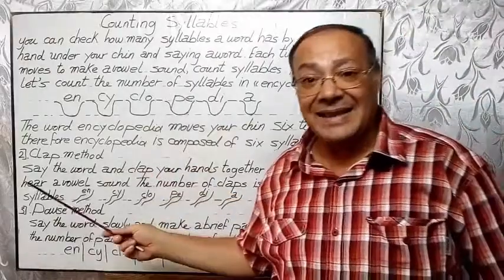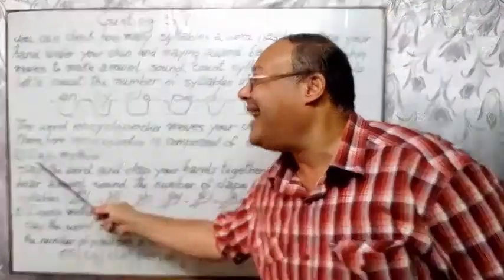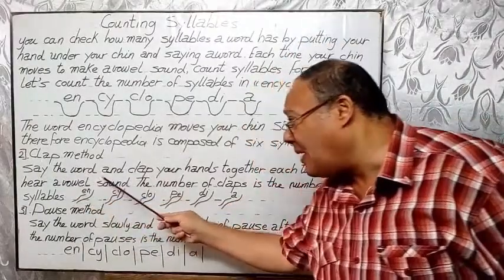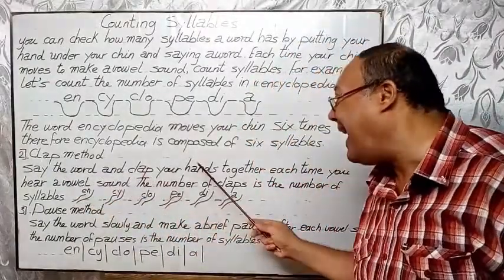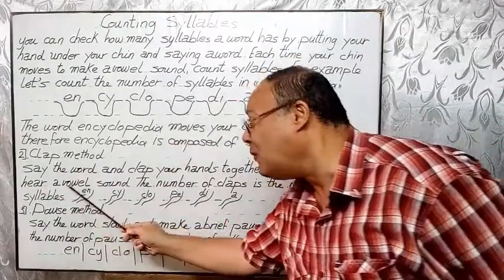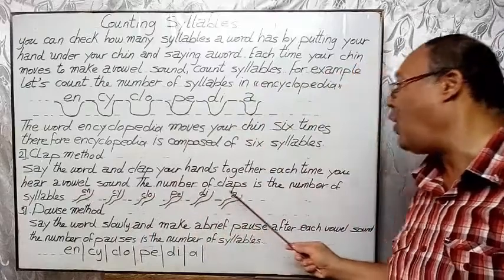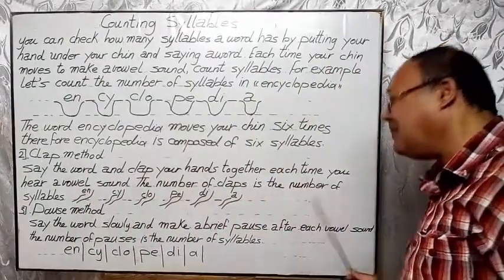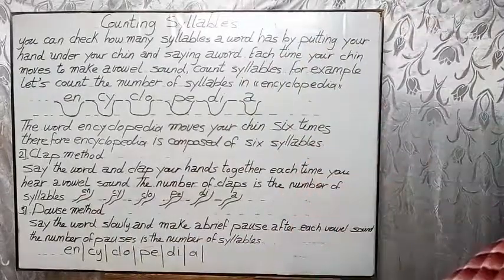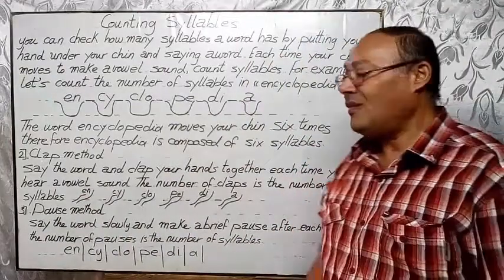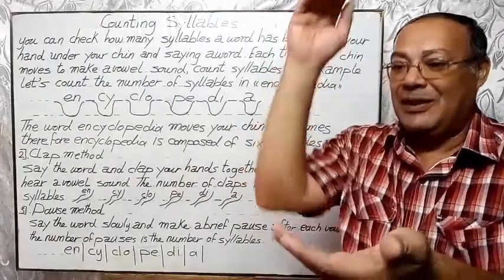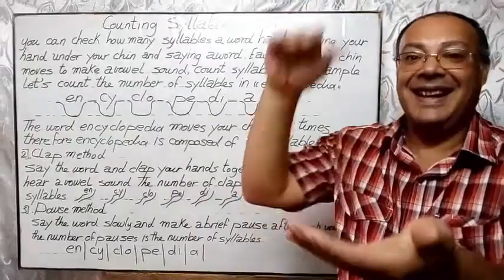The second method, the clap method. Say the word and clap your hands together. Each time you hear a vowel sound, clap. The number of claps is the number of syllables. So, encyclopedia.